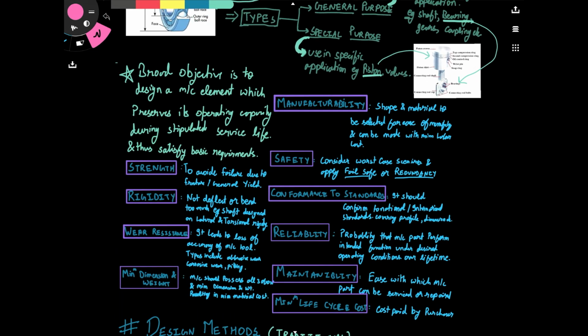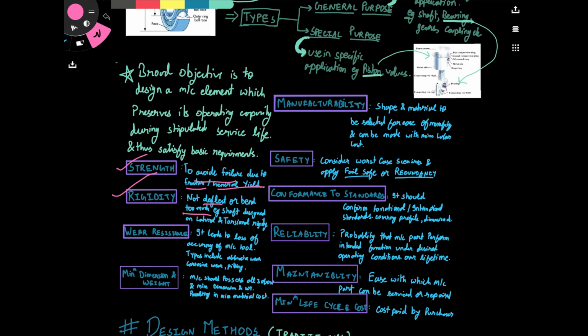Nice. So what is strength, and why is it required? Strength is required to avoid any failure, a fracture or general yield in the machine. A machine should be rigid. Why is that? Well, if it deflects, then it might break.